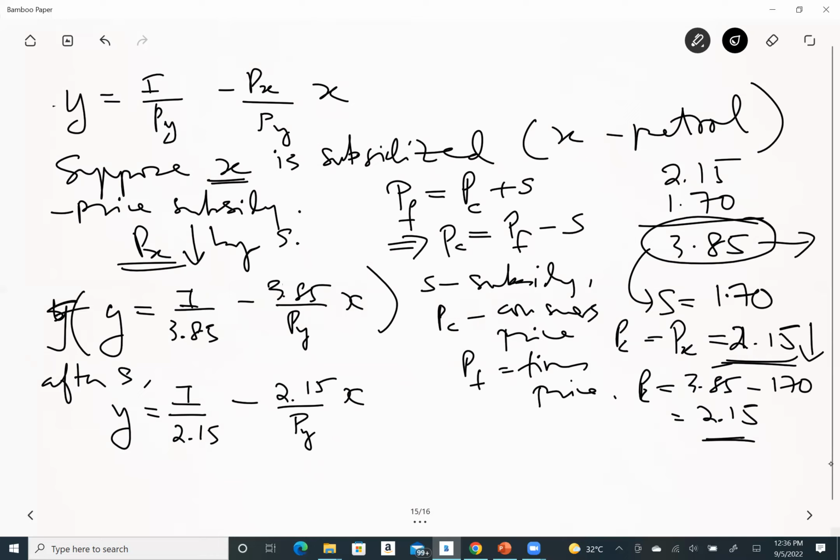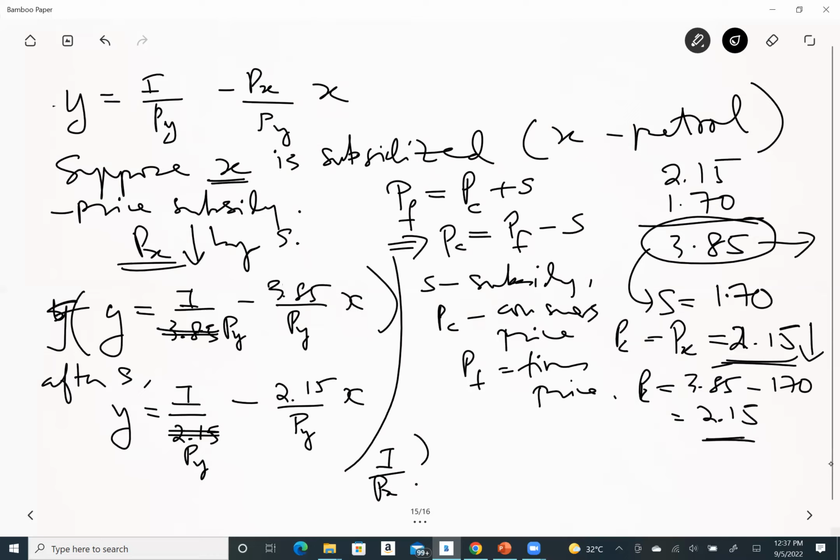So here PY, no change. Okay, thank you. So PY, here also PY. But from here, you have to look at I over PX. But it will come after you draw the budget line. So thank you. Good thing you spoke up quickly. If you kept quiet, we would be in trouble. Okay, that was wrong. Okay, this one is right.